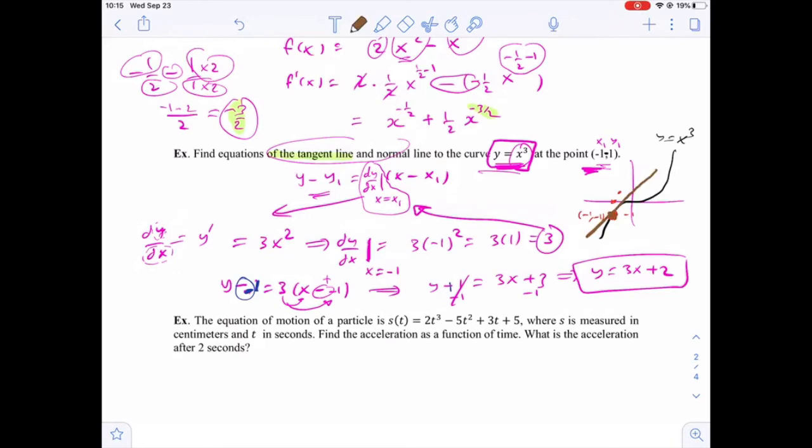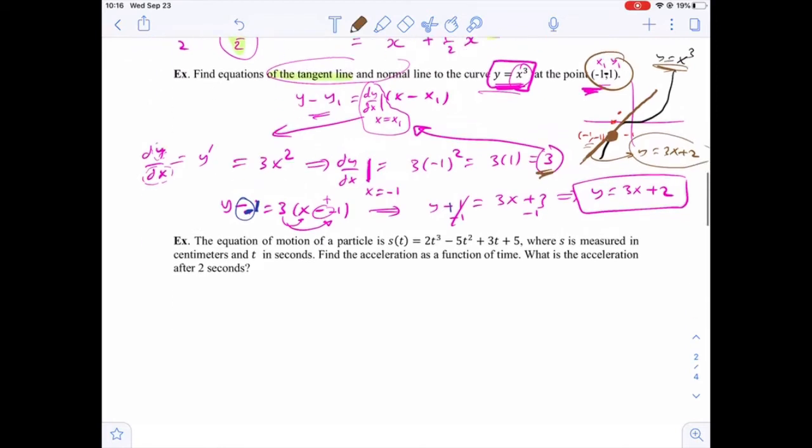At this point the slope is 3, so the equation of this line is y equals 3x plus 2. So we found the equation of the tangent line to the curve y equals x cubed at the point negative 1, negative 1. The equation of this brown line, the tangent line to the curve at that point, is 3x plus 2.